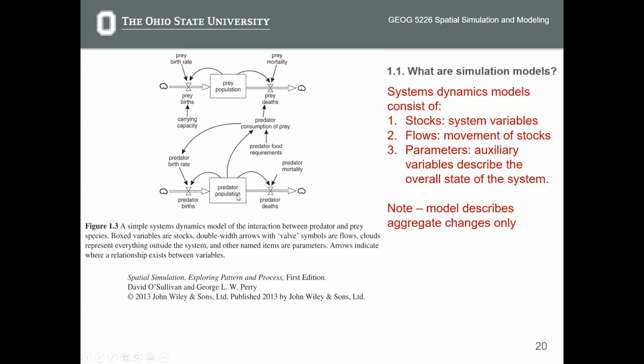We do not care about the specific relationship between each individual prey and each individual predator, right? So this is a simulation model at a higher level, a systems dynamics model, right?